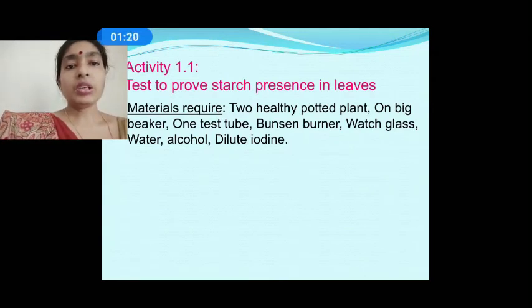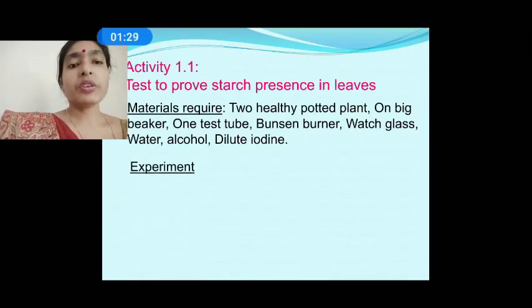So we are getting two healthy potted plants. One we will keep in a dark room for 72 hours, and the other we will keep in sunlight. During the experiment, first we will take a leaf from the plant which we kept in sunlight.